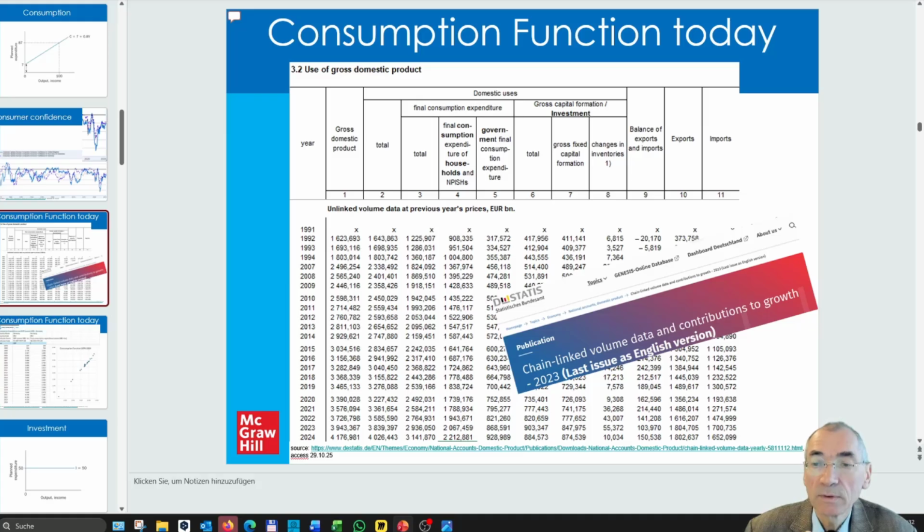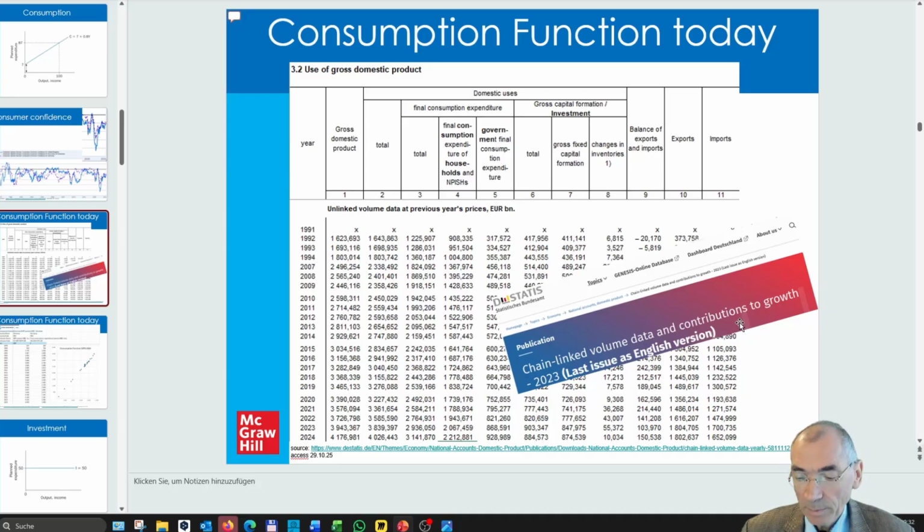We already used data from Destatis, from the Statistisches Bundesamt, when we computed GDP, when we looked at measuring GDP in chapter 10. So that was usually what we have been using, but unfortunately the Statistisches Bundesamt, in its eternal wisdom, decided to cancel also this publication, last issue as an English version in 2023.